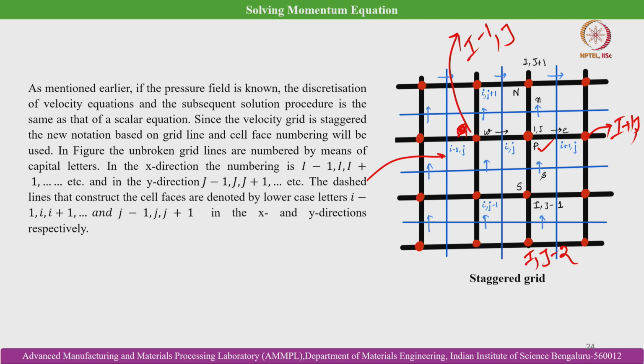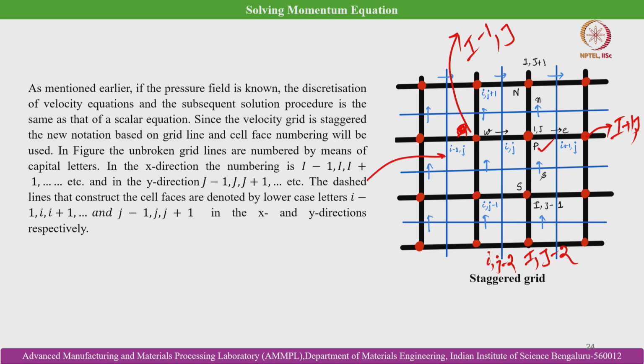From here to here it will be i minus 1, j, and here it will be i plus 1, j. If you go top in the y direction, it will be i j plus 1. If you go bottom, at this point it will be i j minus 1, and here it will be i j minus 2.